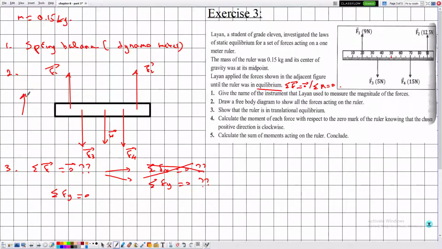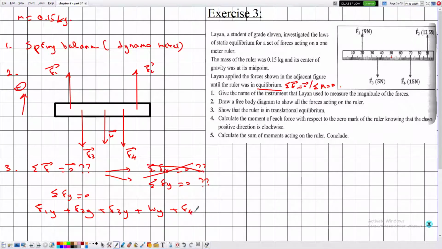Consider the vertically upward direction as positive. So let's calculate f1y plus f2y plus f3y plus wy plus f4y.